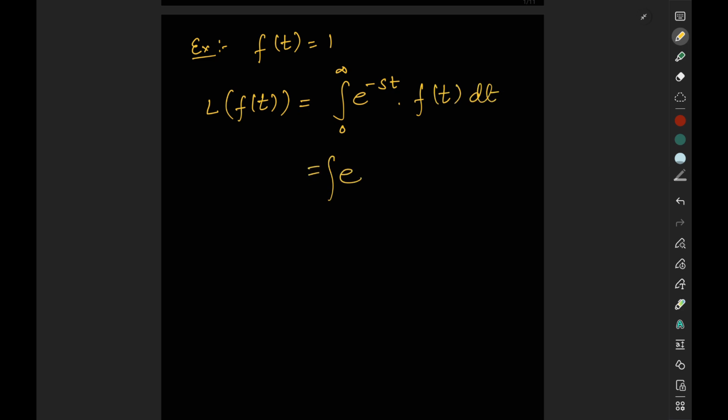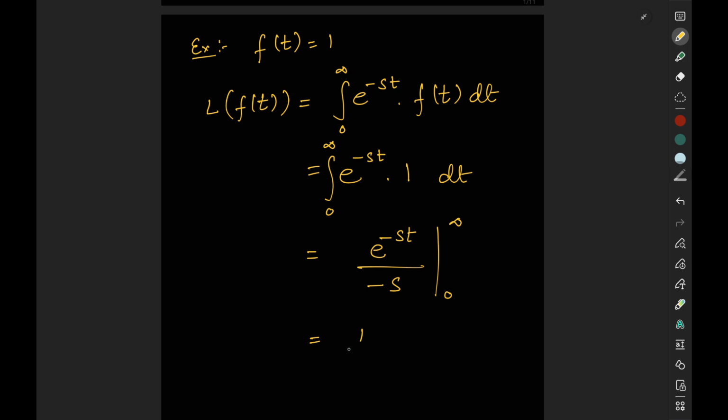This equals the integral from 0 to infinity of e to the power minus st, f(t) is 1, dt. Now the integration of e to the power minus st will become e to the power minus st upon minus s, and the limits will be 0 to infinity.